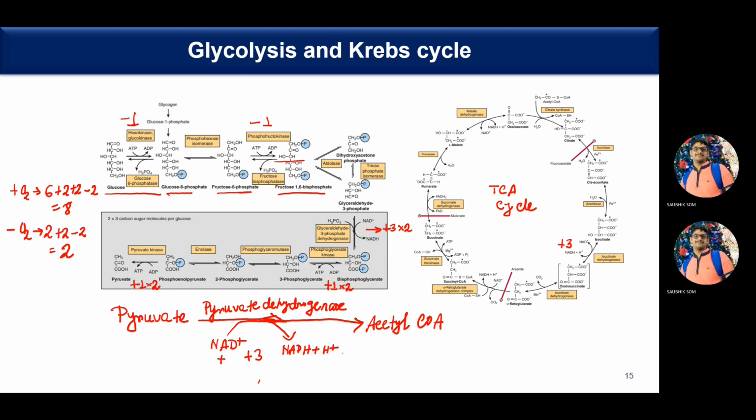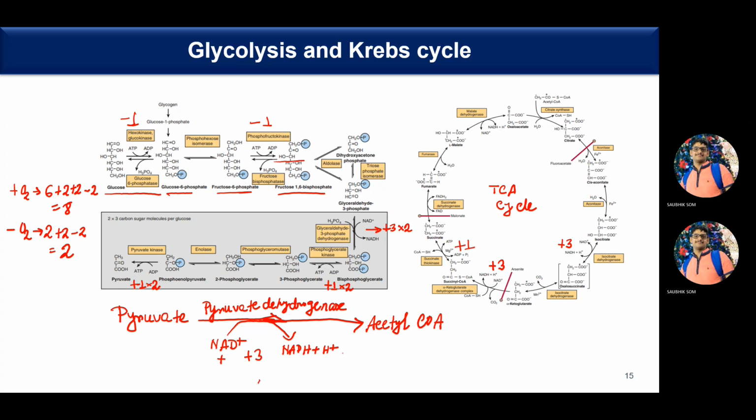Then from alpha-ketoglutarate to succinyl CoA, again plus 3 ATP. From succinyl CoA to succinate, there will again be ATP synthesis, so plus 1.